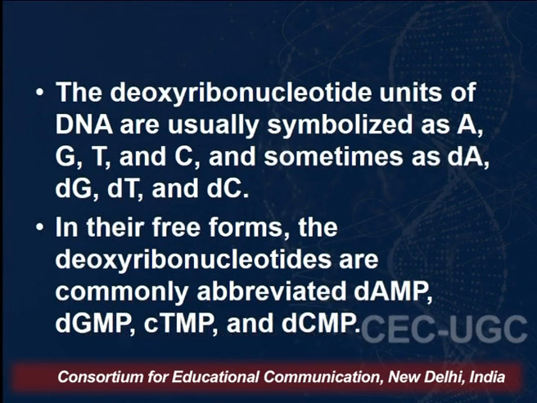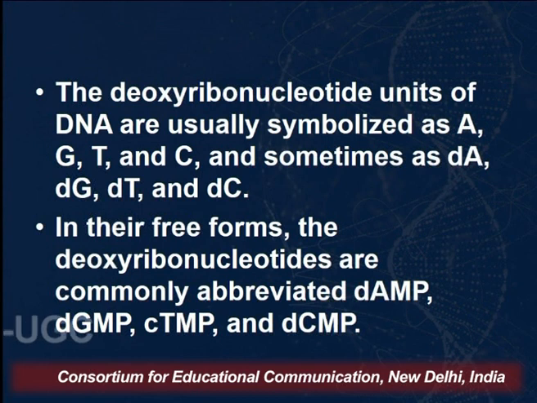Now, when we are talking of nucleotides of DNA, the symbols that we usually use there are A, G, T, and C, as we've been doing for RNA, but sometimes small d A, small d G, small d T, and small d C are also used, indicating that the sugar present is deoxyribose.